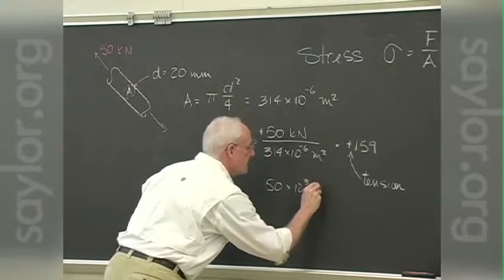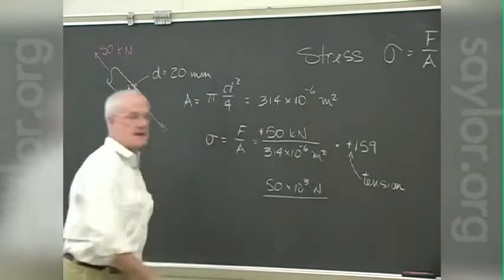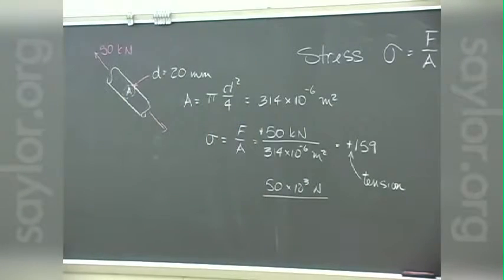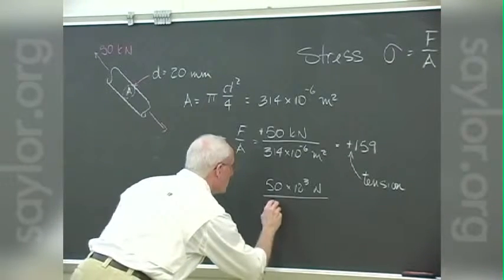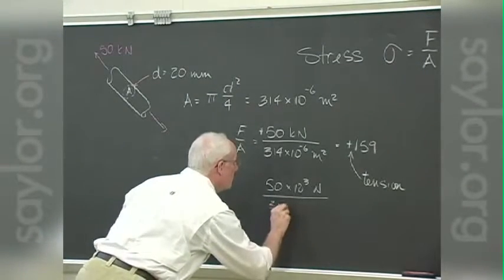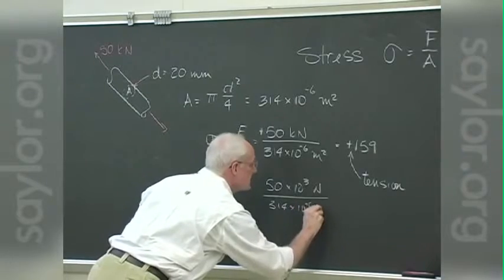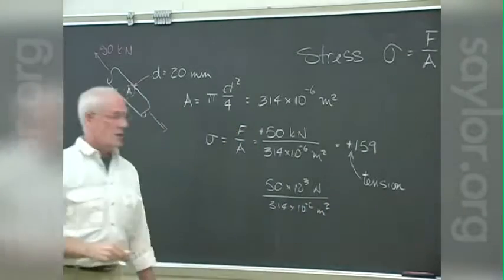50 times 10 to the third newtons, that's a kilonewton, over, we'll call it about 3 times 10 to the minus 6 meters squared.